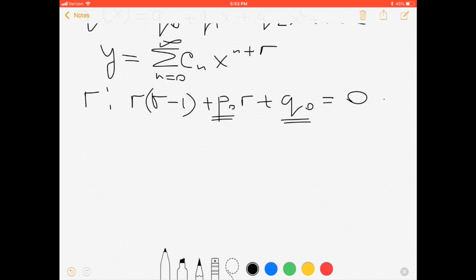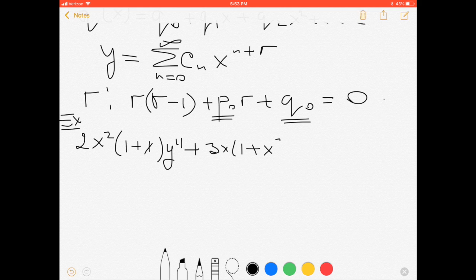Okay, write our equation. I'm doing an example. It will be 2x squared (1 plus x) y'' plus 3x (1 plus x) cubed y' minus (1 minus x squared) y equals 0.